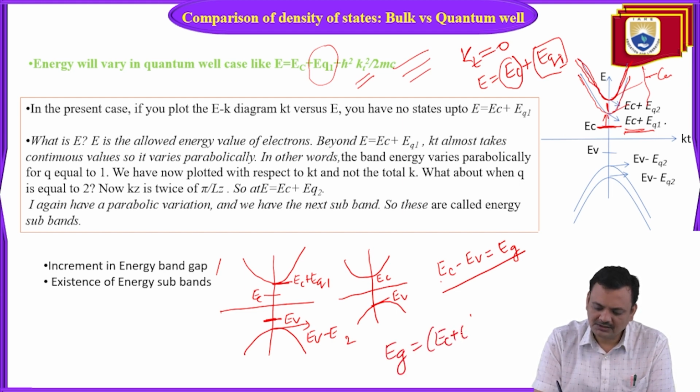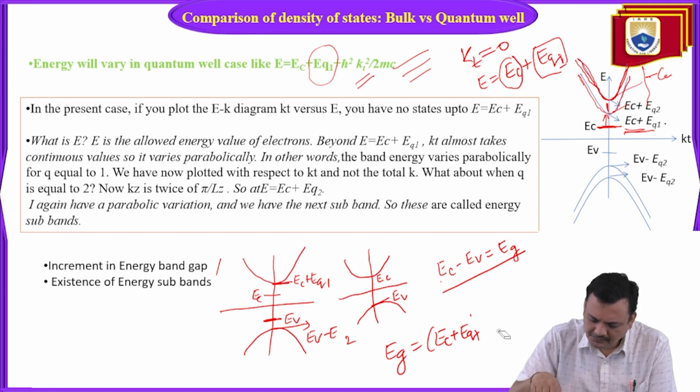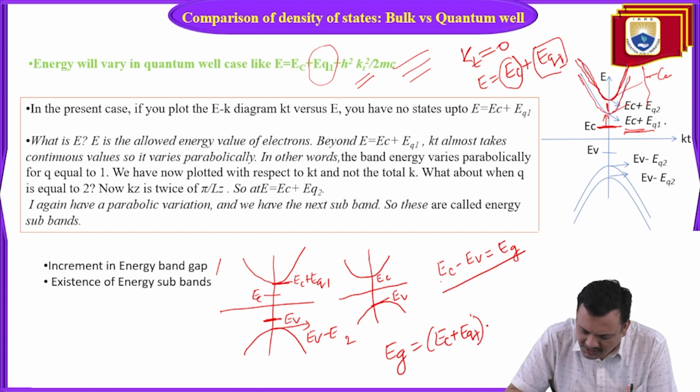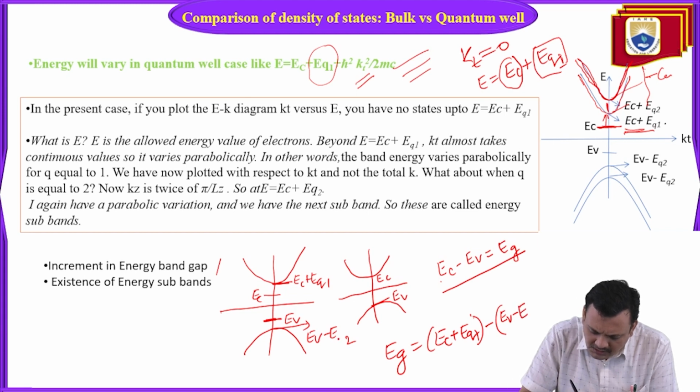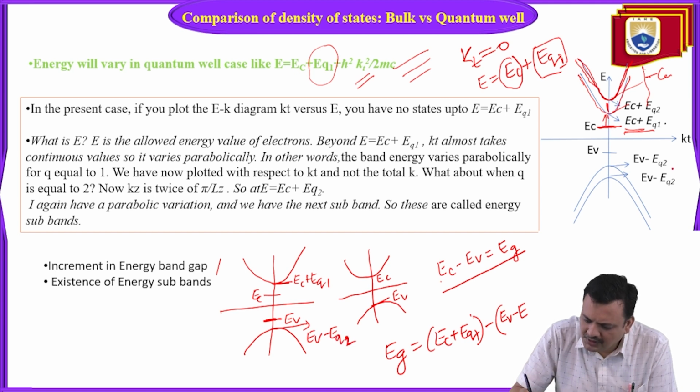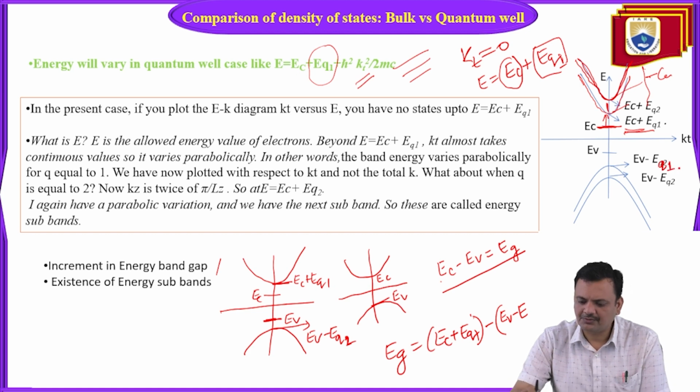Ec plus Eq1 minus Ev minus Eq1. Sorry, this is Eq1 for the first band.